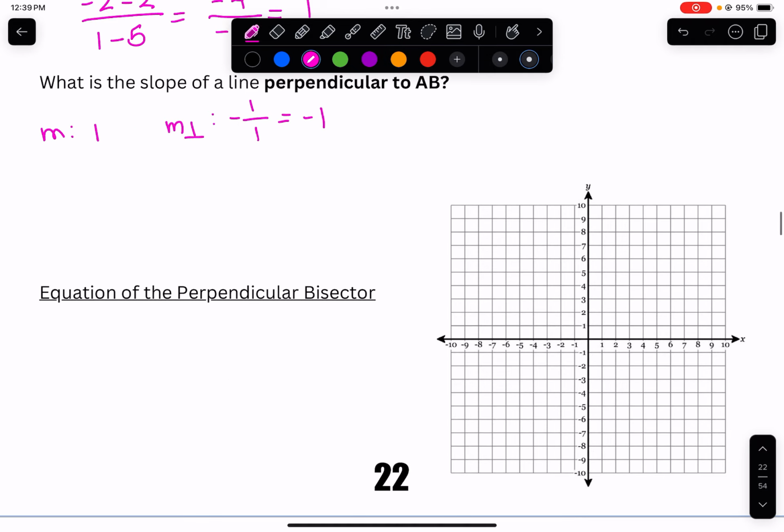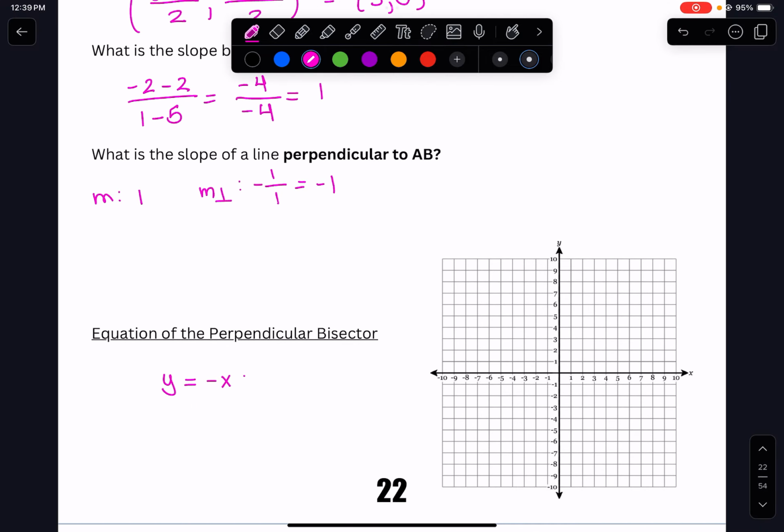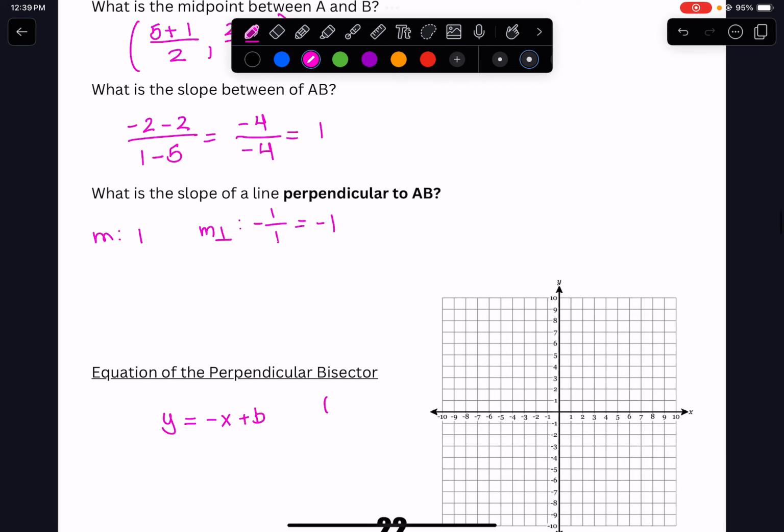So our equation of the perpendicular bisector will be y equals negative x plus b, and we know that it has to go through the midpoint, (3, 0). So we will use that to figure out what b needs to be. And then we'll figure out that b is 3. So then we end up with y equals negative x plus 3.